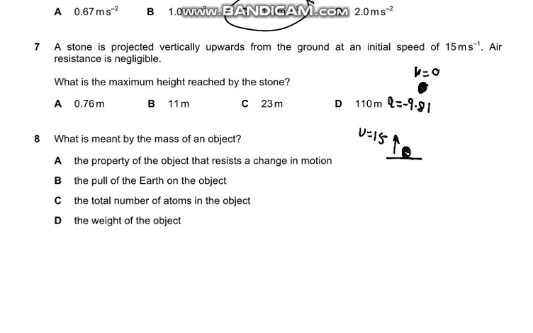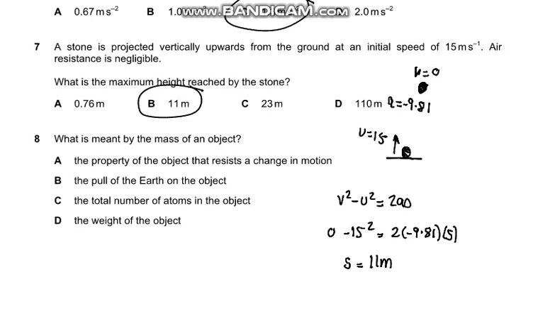We need to find the displacement, so we can apply v square minus u square equals 2as. So v is 0, minus u square equals negative 9.81 times the displacement. The displacement s can be solved and found to be 11 meters. So B is the appropriate answer.